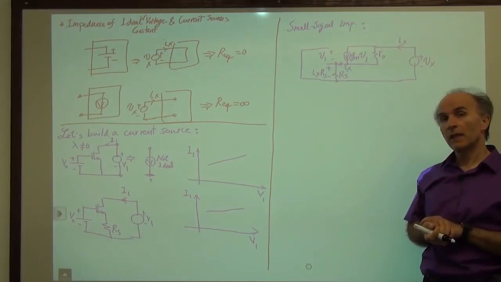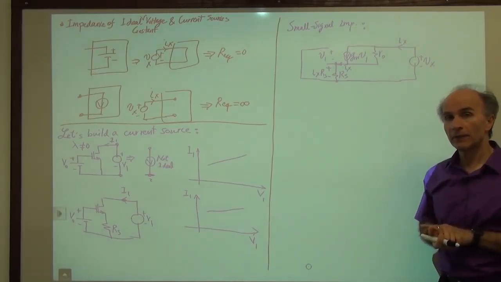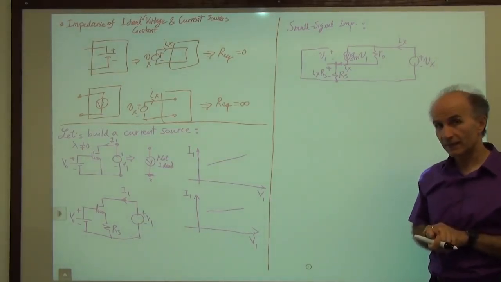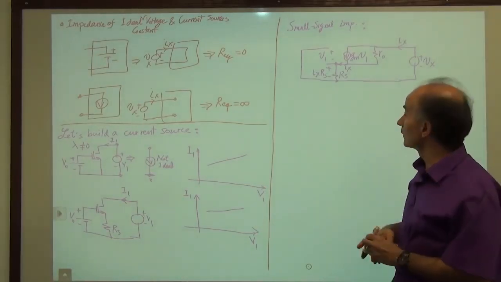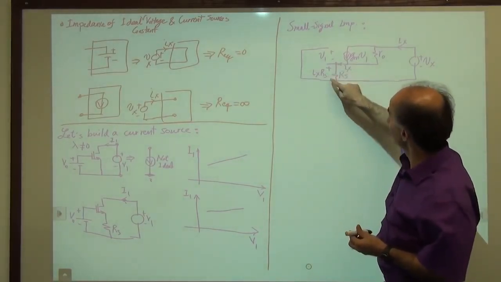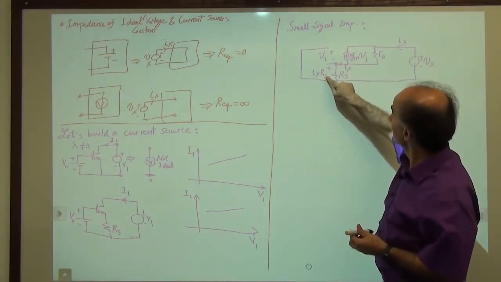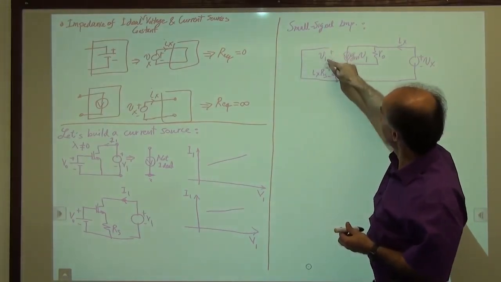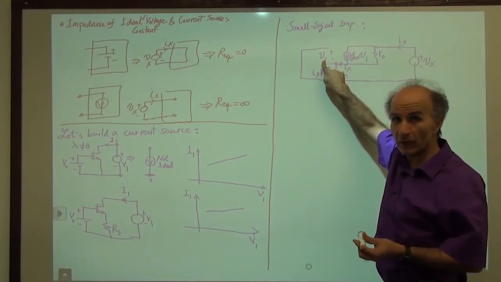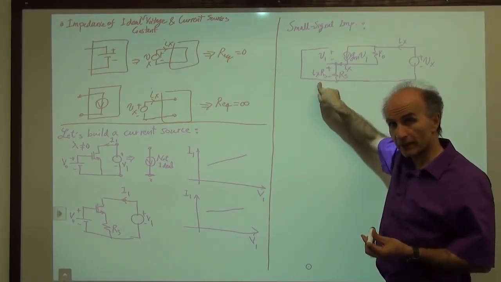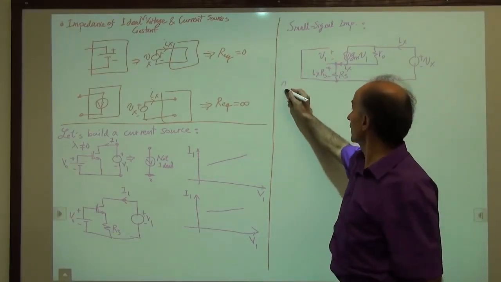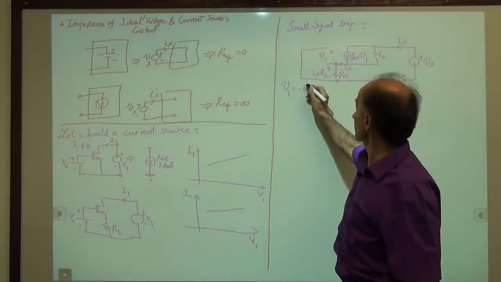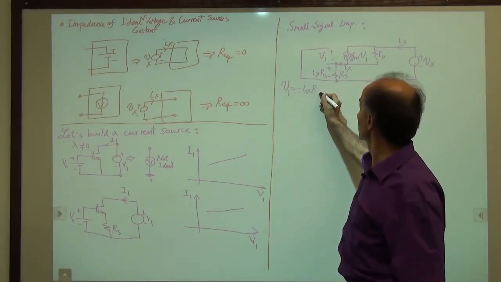Okay, that's good. Now, can I predict what V1 is? We see that the voltage from here to ground is Ix times RS. The voltage from ground to here is V1. So V1 is just minus Ix times RS.